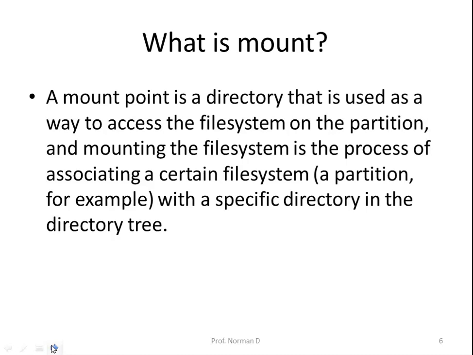Unlike DOS or the Windows operating system, where this is done by assigning a drive letter to each partition, like C drive, D drive, Linux uses a unified directory tree where each partition is mounted at a mount point in that tree. A mount point is a directory that is used as a way to access the file system on the partition. Mounting the file system is the process of associating a certain file system with a specific directory in the directory tree.